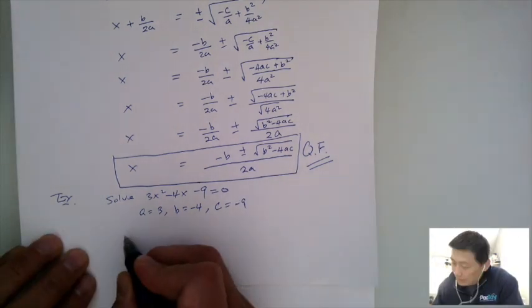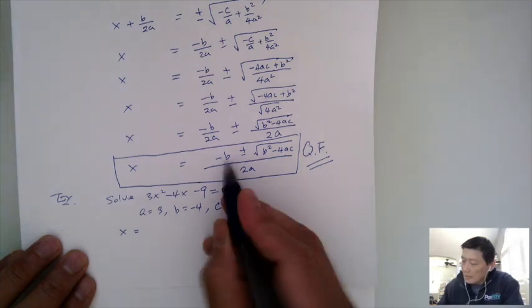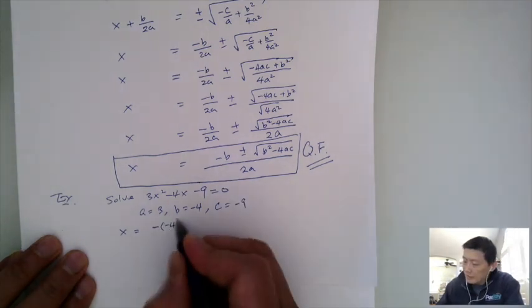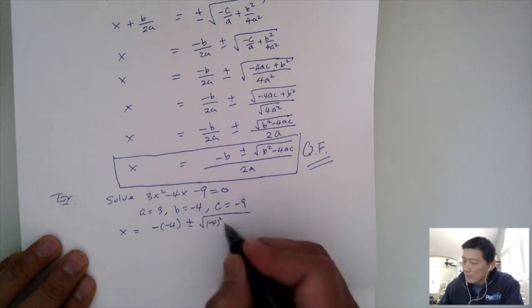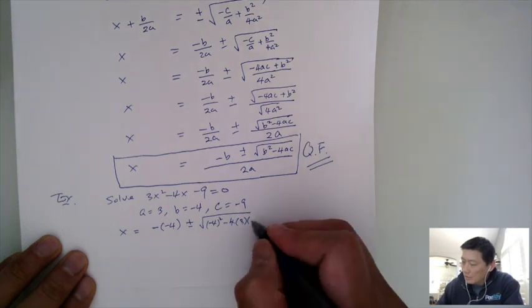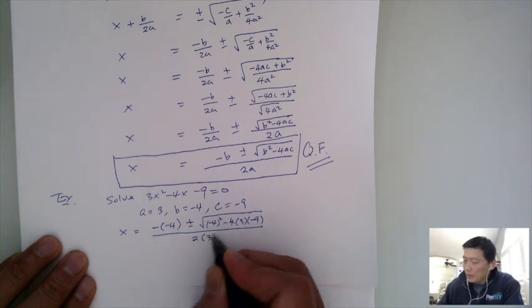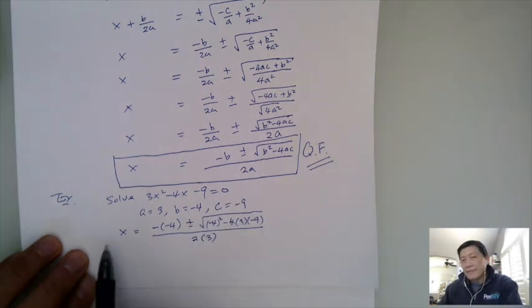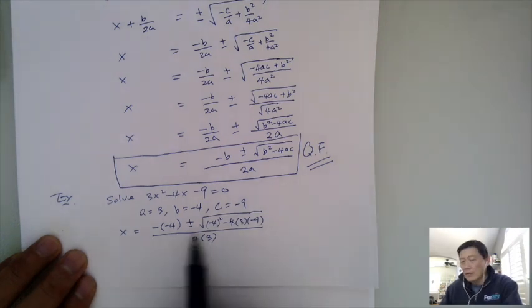So, using the formula, I have negative b, so negative of negative 4. Negative b plus minus square root of b squared, so it's negative 4 squared minus 4ac, over 2a. See, on my first line, right after I apply the quadratic formula, I write out every single one without simplification because I don't want to mess it up.